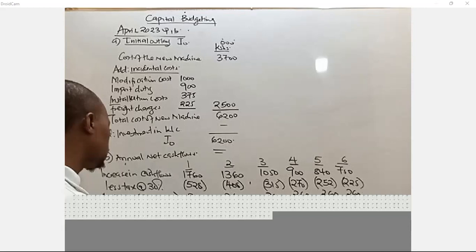cash flow, right? Kenya shillings here, we reduce to thousands. We normally take the scrap value of the new machine. The scrap value of the new machine, we are talking about 1,000, right? Then we deduct the scrap value of the old machine, which we don't have in our case here. Then if we had investments in working capital, we would add them.